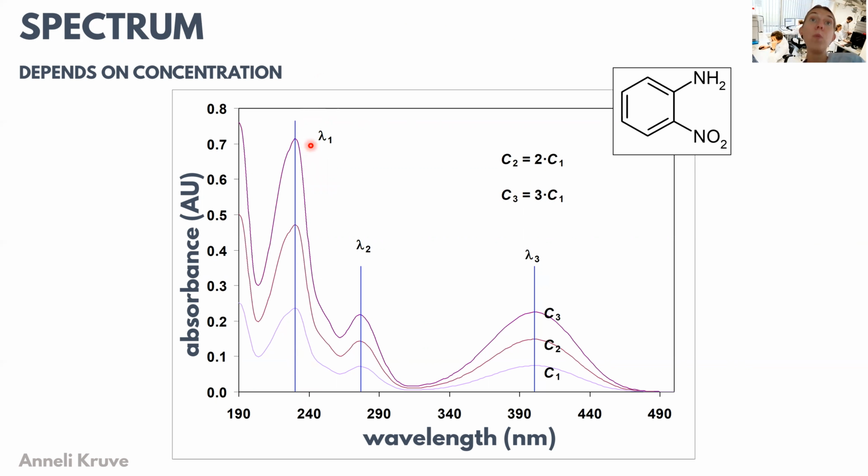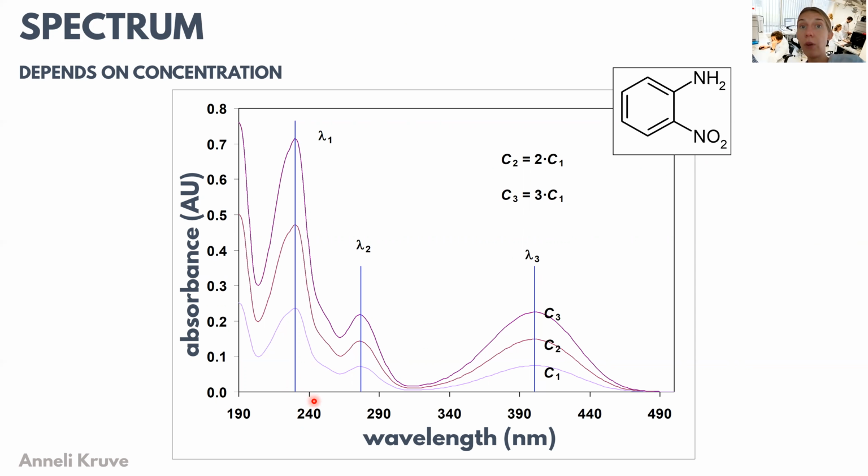However, the problem here is that at lambda 1 the wavelength is very low, and very, very many compounds, including many aromatic compounds, absorb light here. So this is not a very selective wavelength to do measurements at.